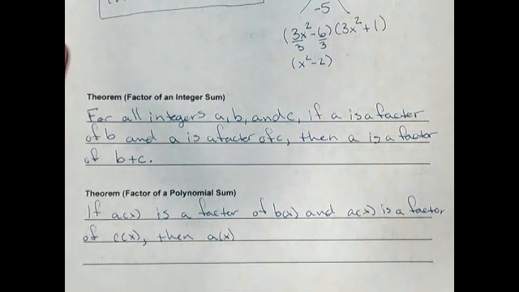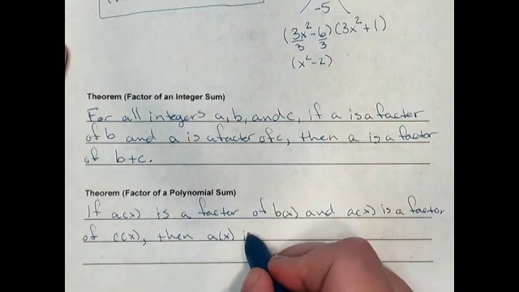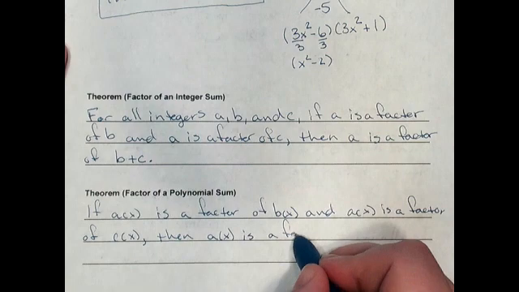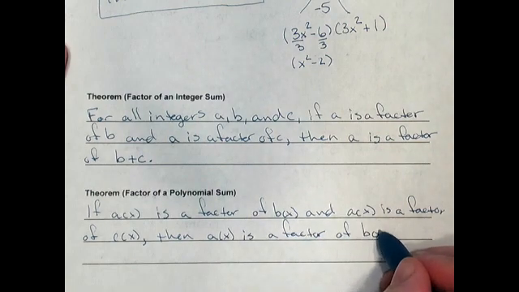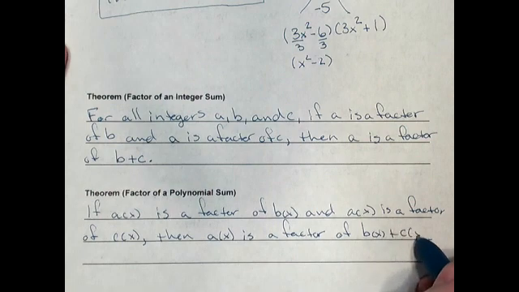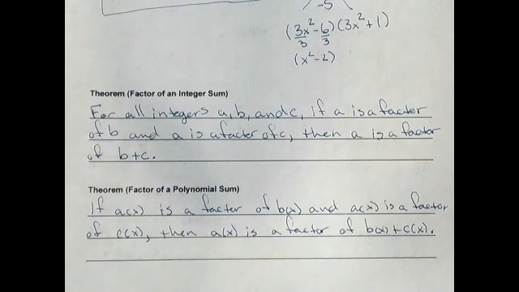I've written it correctly, but I might have been saying it incorrectly. A of x is a factor of b of x plus c of x. And that's going to wrap up our first lesson in this integers and polynomials unit.